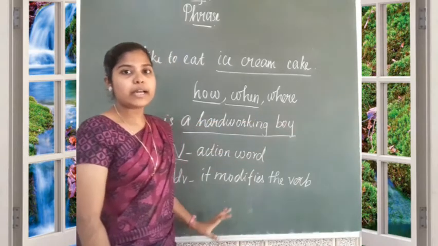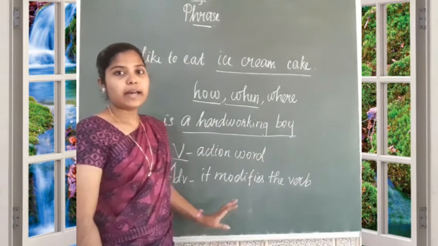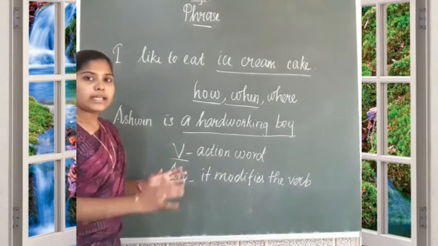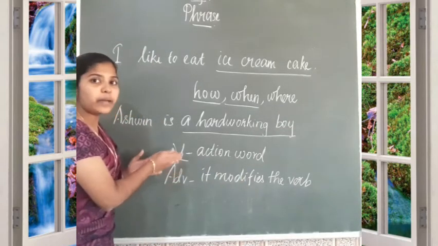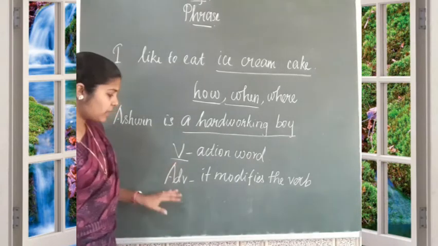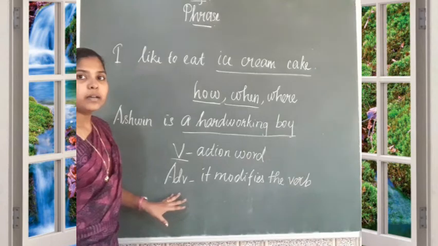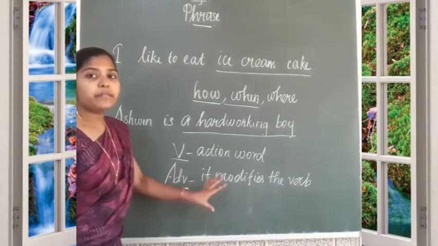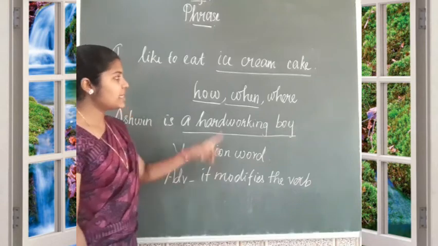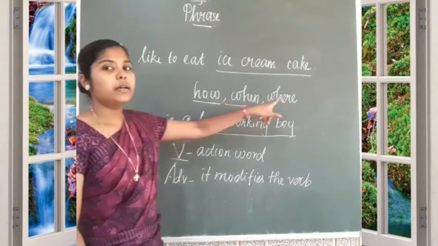Where this particular action was done. That is what we call an adverb. Is that clear? What is a verb and what is an adverb? A verb is the action word and an adverb is the word which is modifying the verb. And it answers the questions how, when, where.